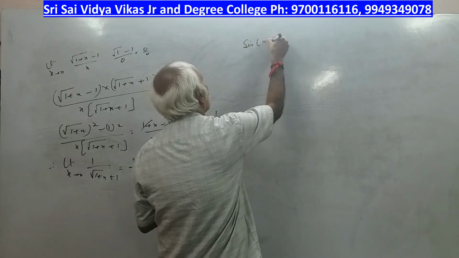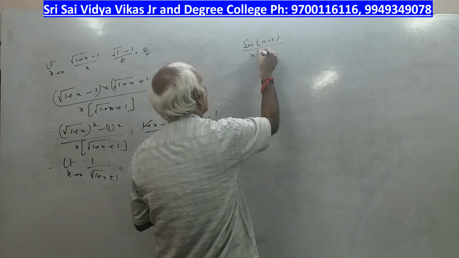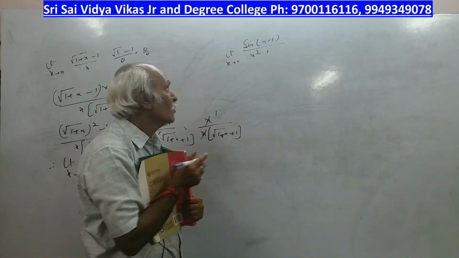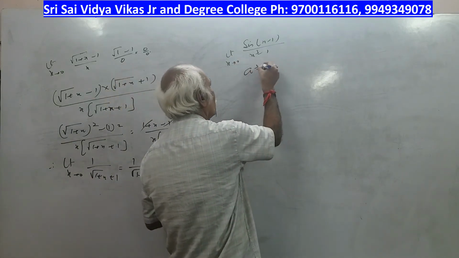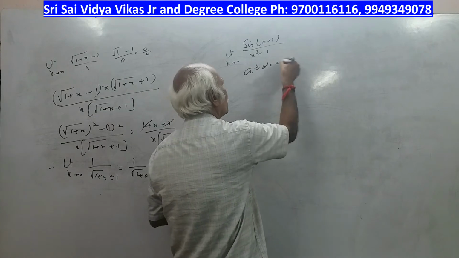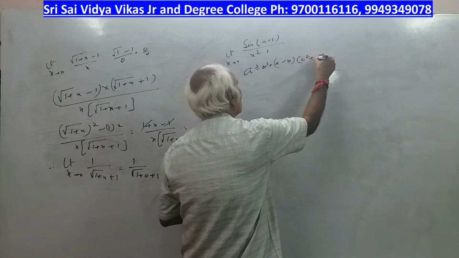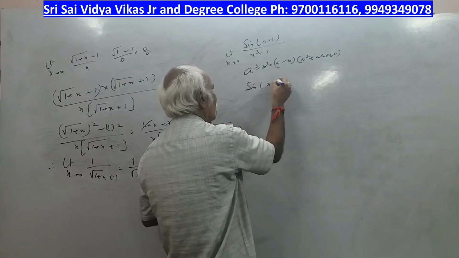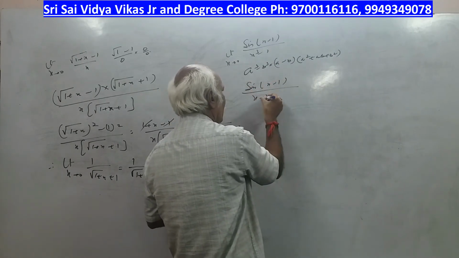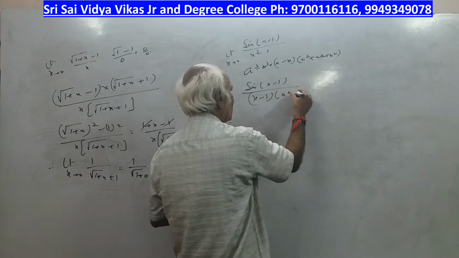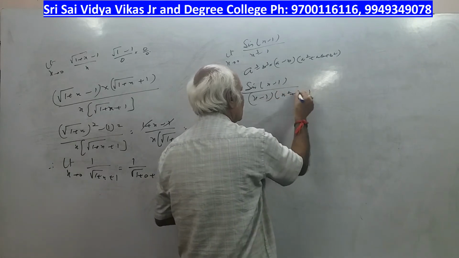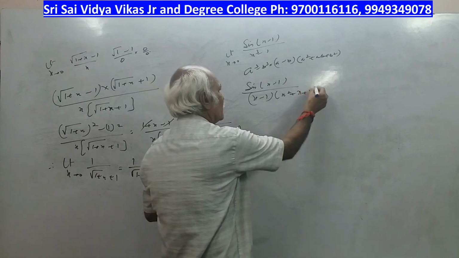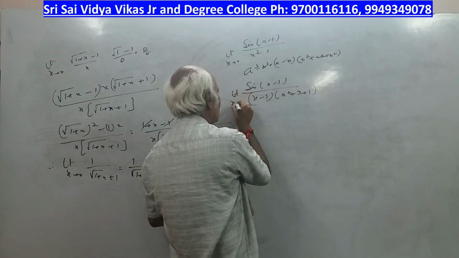Sine of x cube minus 1, limit x tends to 1. So this can be written using the a cube minus b cube formula. What is the formula? a minus b into a square plus ab plus b square. So it becomes sine of x minus 1 by x minus 1, into x square plus x plus 1, with the limits x tends to 1.